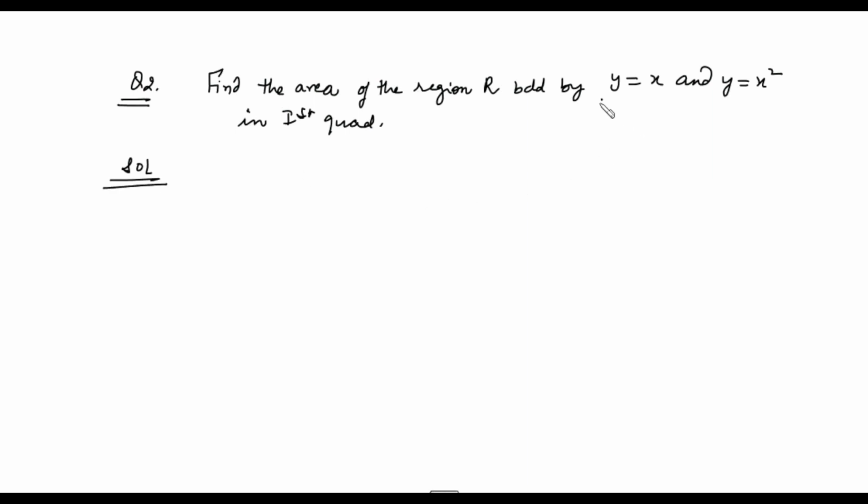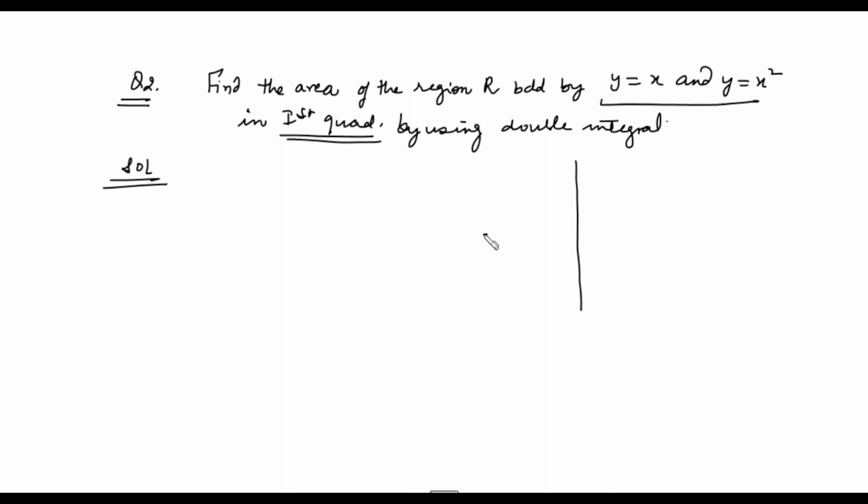Now first of all we draw the region by using double integral. Now just see what is the region. Region R is bounded by the line y is equal to x and y is equal to x square in the first quadrant. So first of all we draw this region.